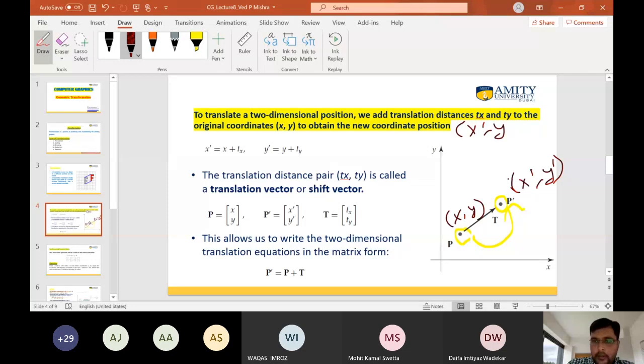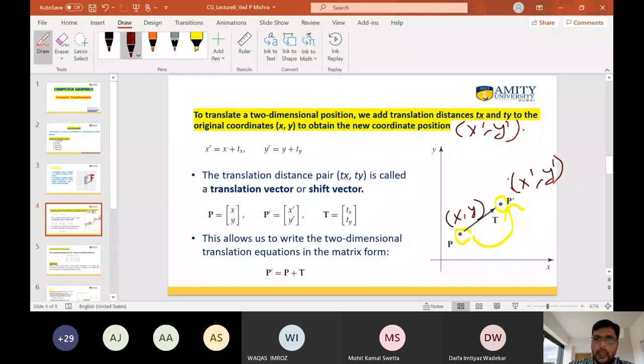So x dash equals x plus Tx and y dash equals y plus Ty. Whatever your original position is, x, y, you are moving to x dash, y dash. So how will you calculate that position? For that, you will have a translation or shift vector, through which you will be doing it. That is what we are using here, Tx and Ty.